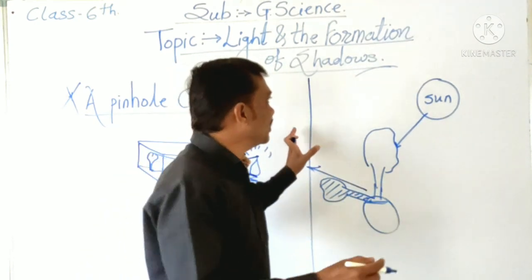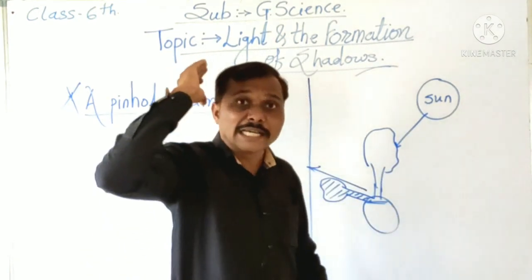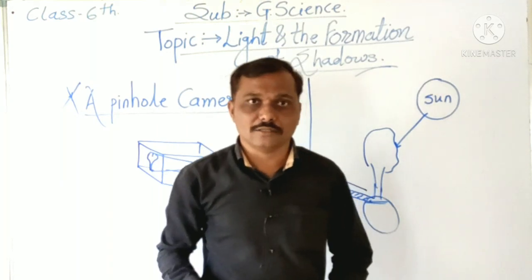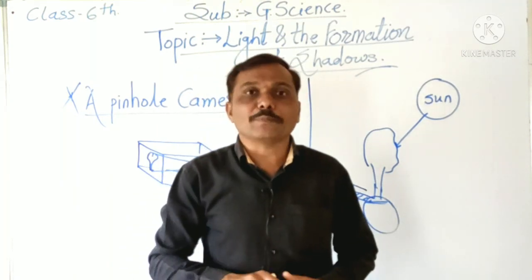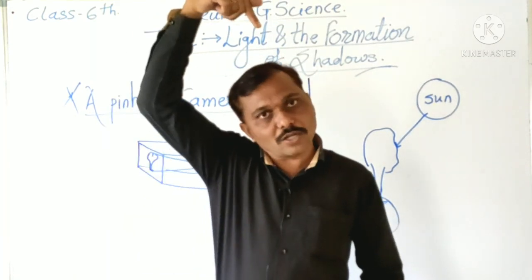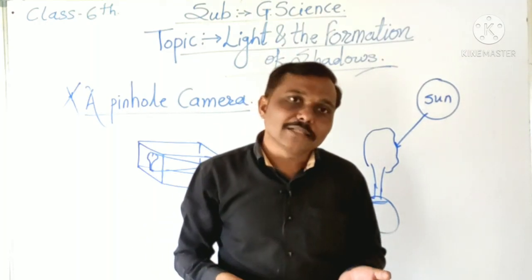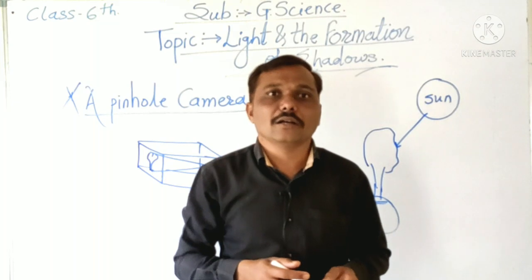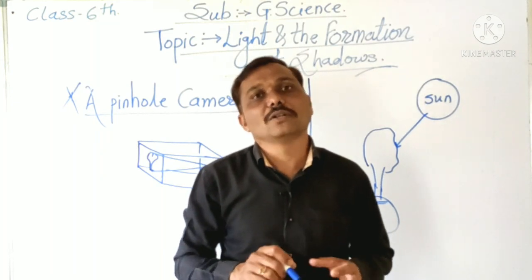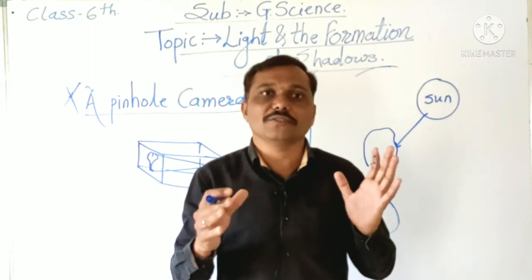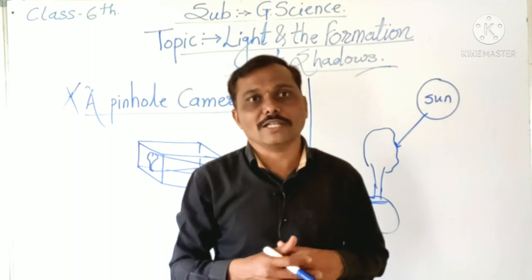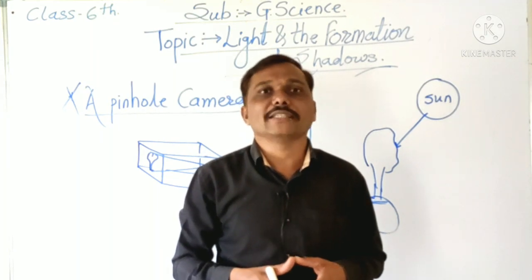In the morning and evening, the light rays fall inclined on the earth, and in the afternoon they fall perpendicular on the object. Because of that we see different formations of shadow, in different shapes and sizes. That is the reason behind it.